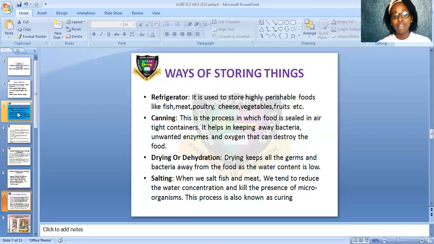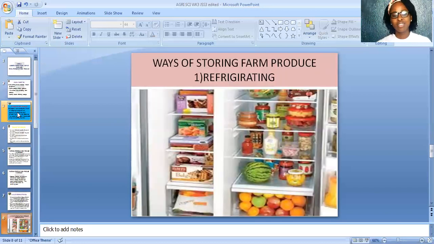So we should look at examples of ways of storing farm produce. We have refrigerating. This is our refrigerator. You can see perishable fruits and food items inside the refrigerator, preventing them from spoiling and decaying. That is one method, refrigerating.